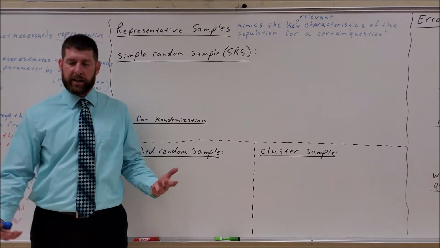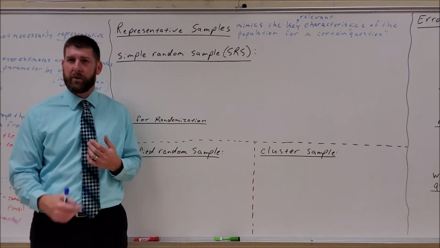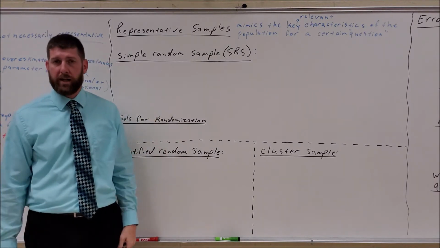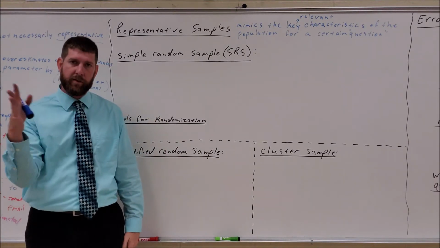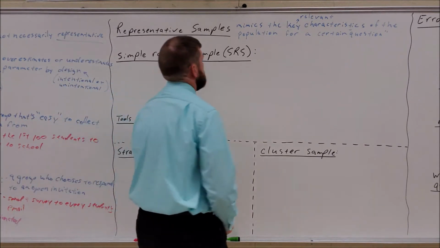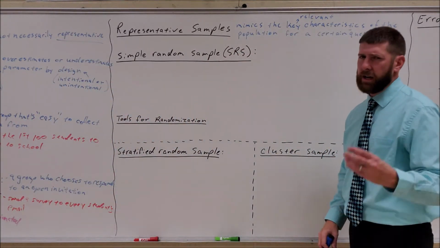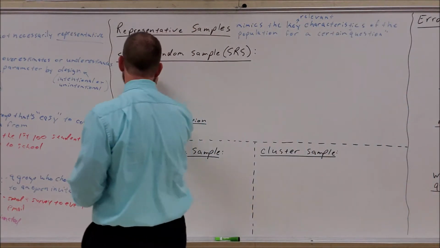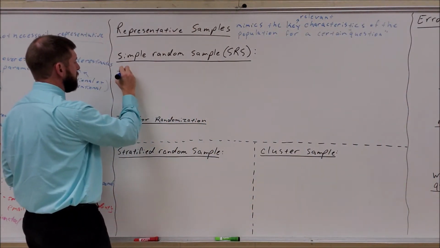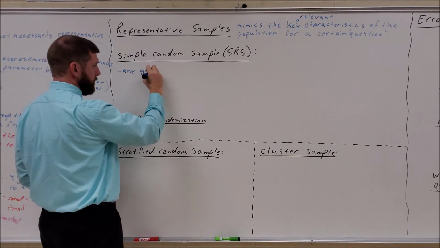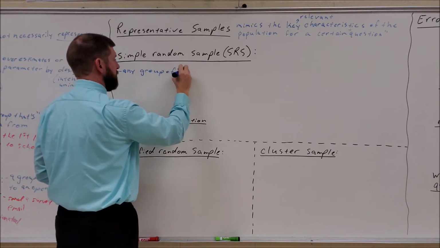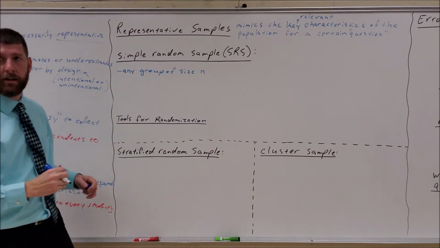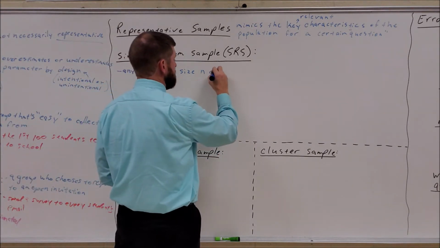Random, I think, is a word we're kind of familiar with. Random just means anything can happen, right? So simple random means we're going to take it one individual at a time. A simple random sample has a few traits. First off, any group of size n, any number, can be chosen from the population.